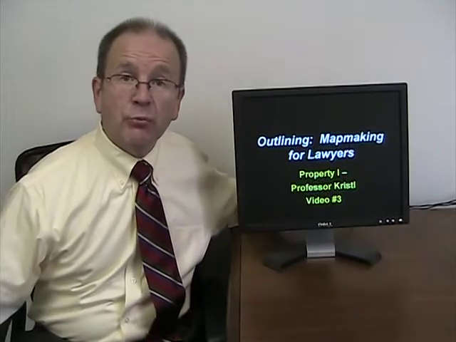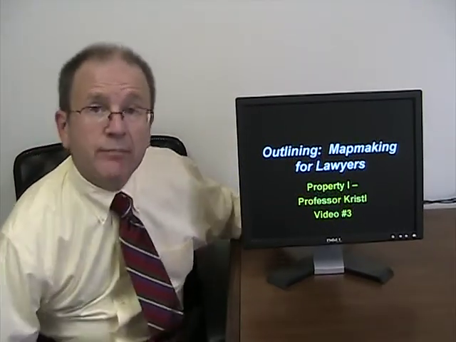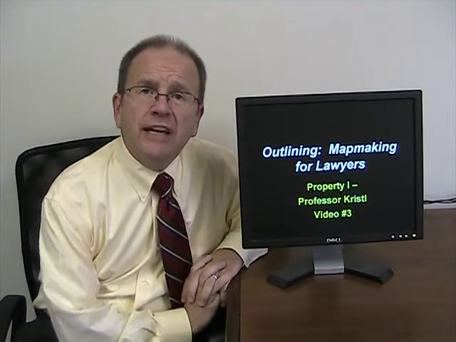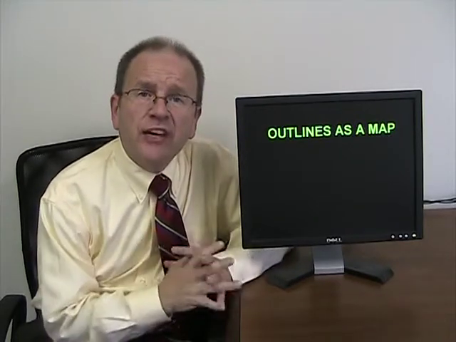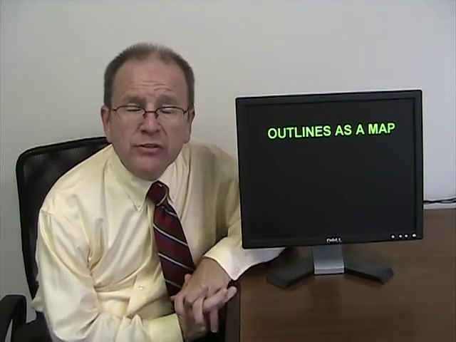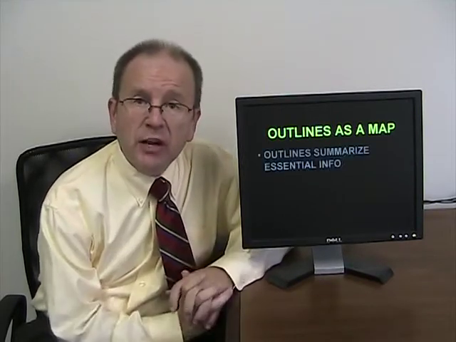So let me clear out all these props and bring in our screen so that we can start talking about outlining. And I say outlining is map making for lawyers. All right? And why do I say that? Well, first of all, I think you ought to think of outlines as maps. Why? Well, because outlines do certain things, right?